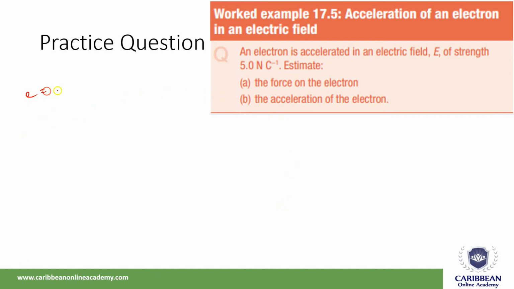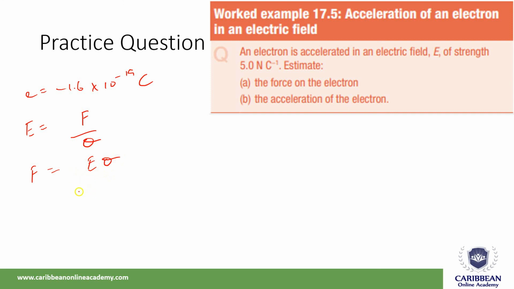Now, the charge of an electron is equal to negative 1.6 times 10 to the minus 19 coulombs. From our equation a while ago about electric field strength, E is equal to force divided by Q. We can manipulate this equation to find the force. So force would ultimately be equal to electric field times the charge.